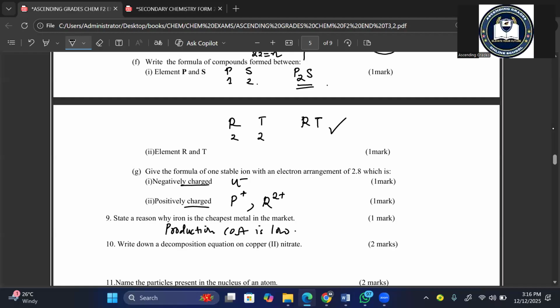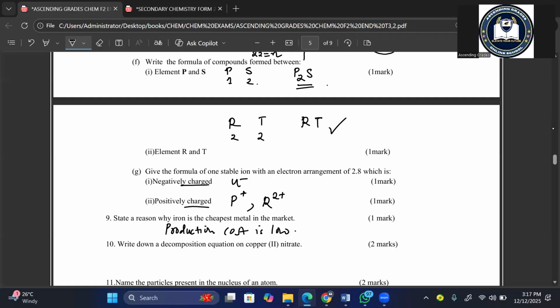You're told to write down the decomposition equation of copper 2 nitrate. We said the nitrates, this one for copper 2 nitrate is going to decompose to form a metal oxide, a red-brown gas, which is nitrogen 4 oxide, and oxygen.